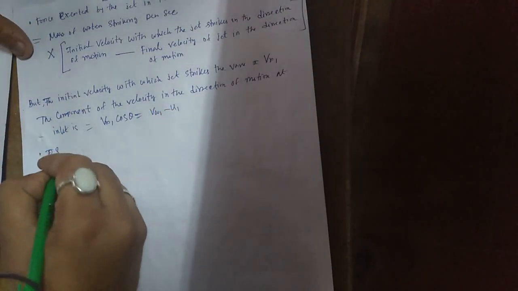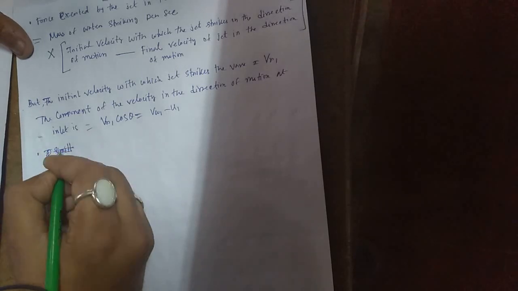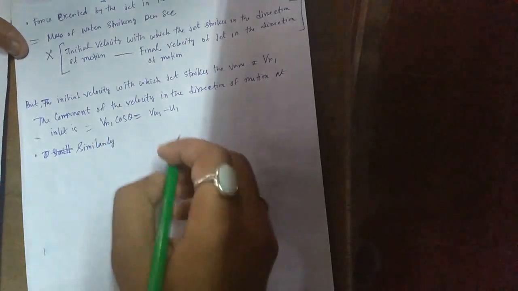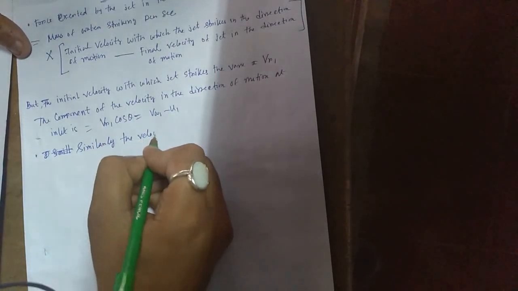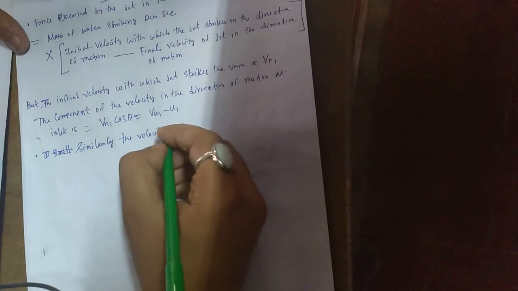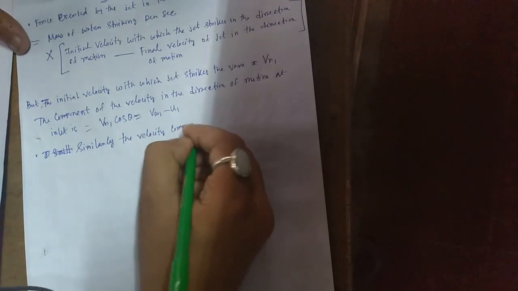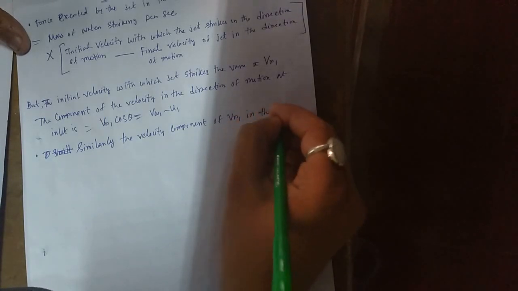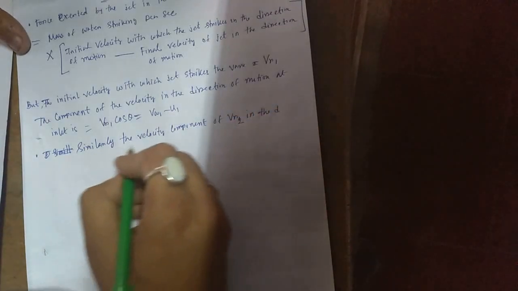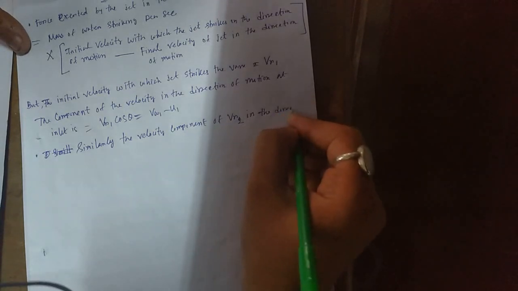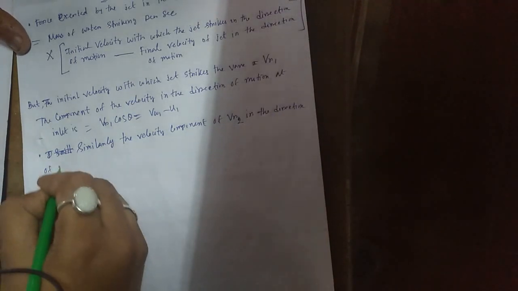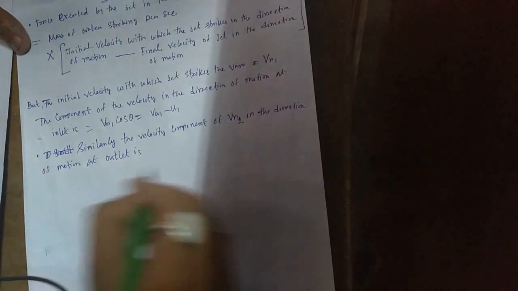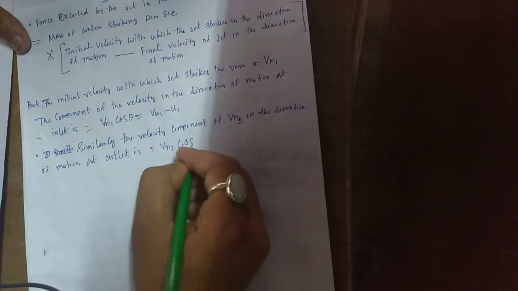Now similarly, the velocity component of VR2 in the direction of motion at outlet is VR2 cos theta.